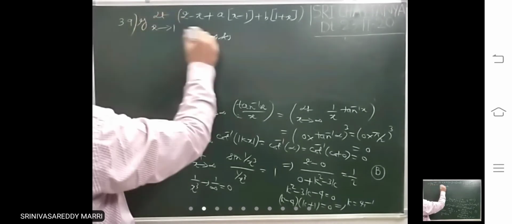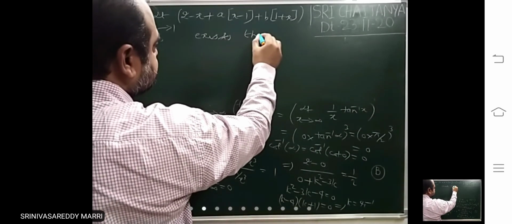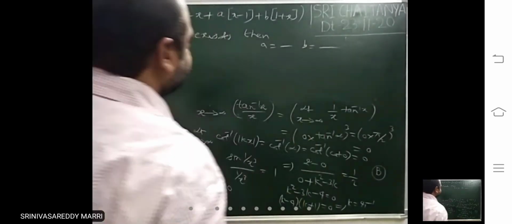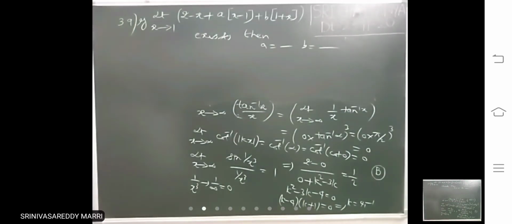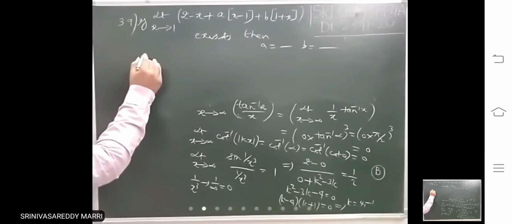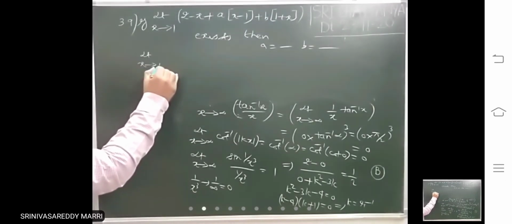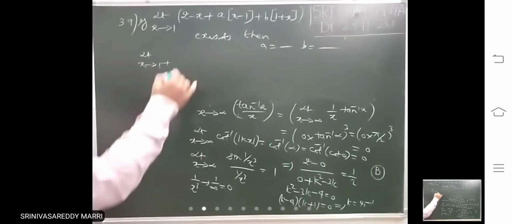Given that it exists, then he is asking about a equal to dash, b equal to dash. Look at, so exists means limit x tends to 1 plus.